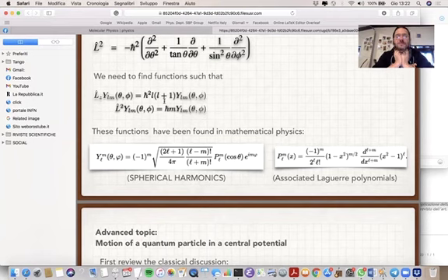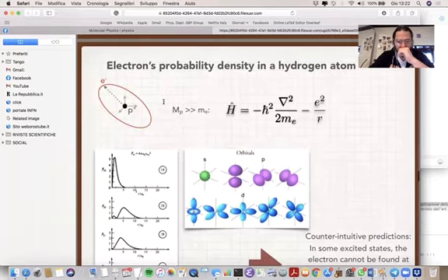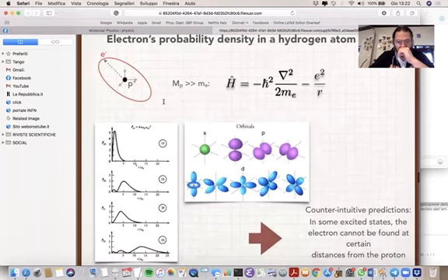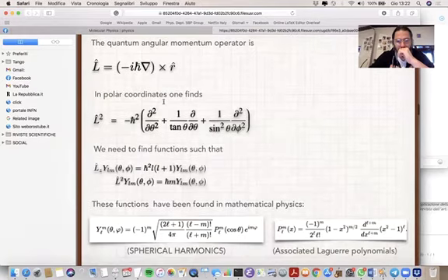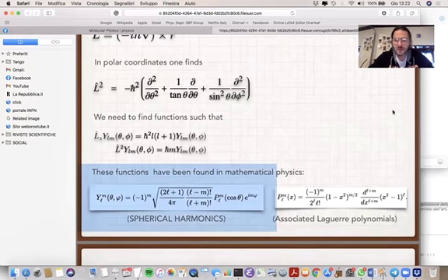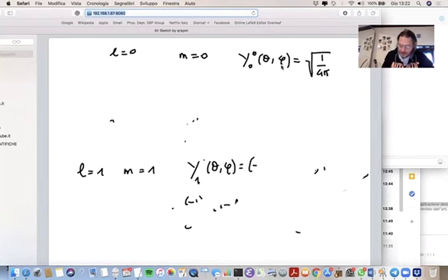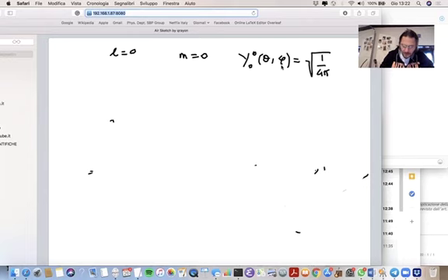Now, I want to emphasize one thing. How do the functions look? Well, clearly, when L is equal to 0, M is always equal to 0. This dependency here is trivial, because this particular solution contains no dependency at all with respect to either phi or theta.